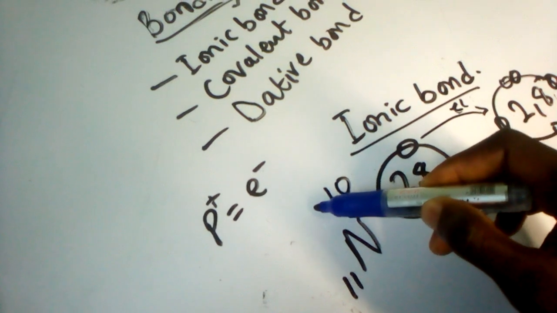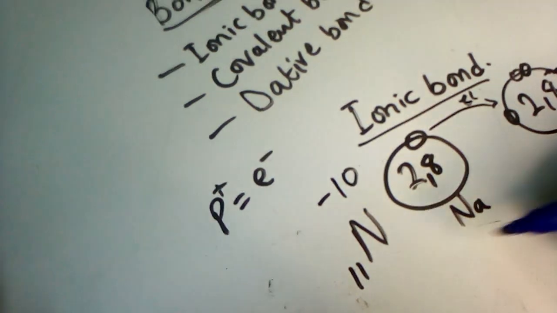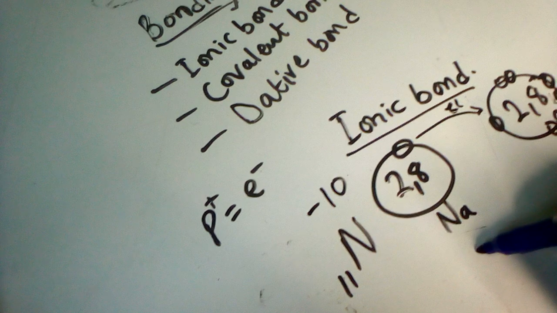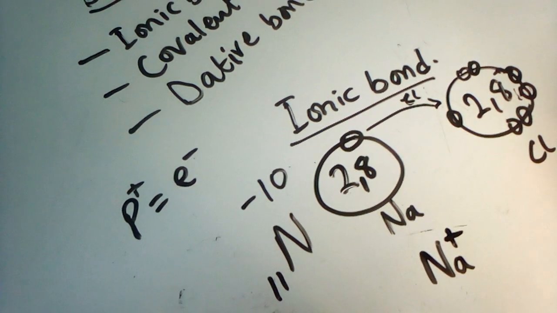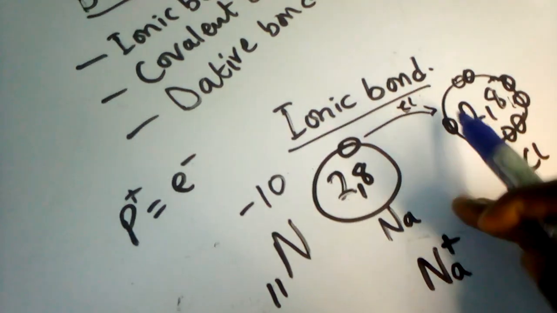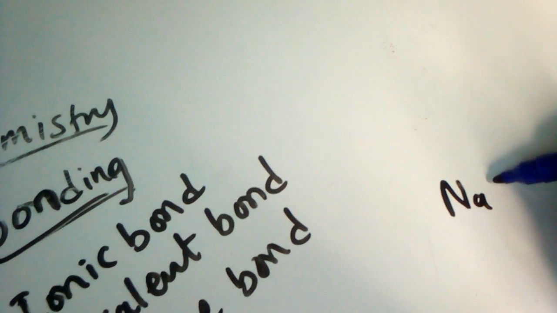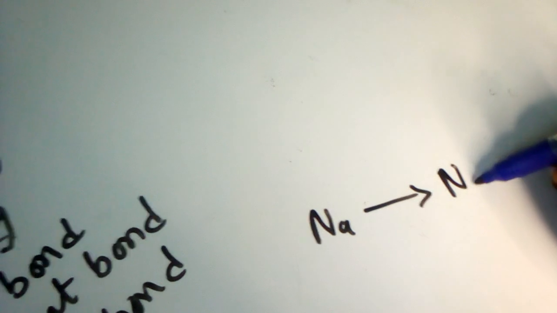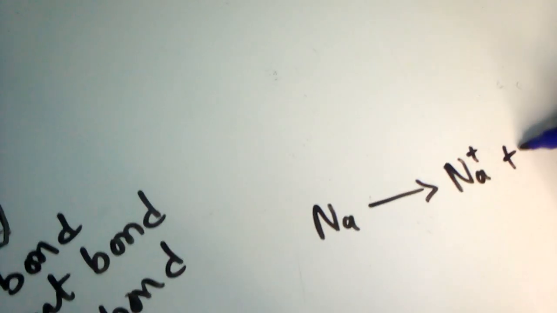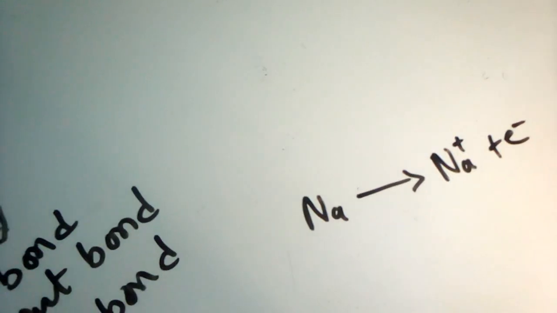So you'll be having minus 10 plus 11, and that will give you plus 1. So sodium will no longer be an atom, it will form a positive charge by losing an electron. So if you have to write an equation for that, we write it as Na in its neutral state loses an electron to form Na plus, so the electron goes.